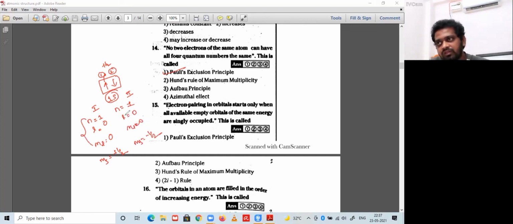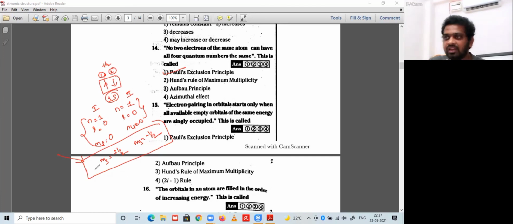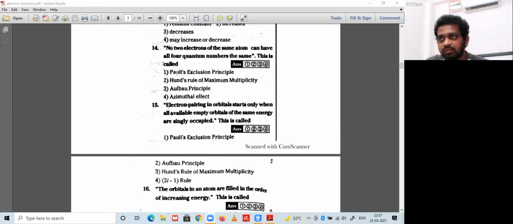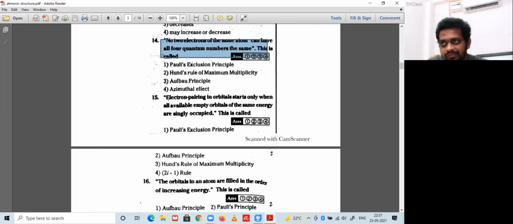So even though the first three quantum numbers are the same, the fourth quantum number will be different. That's why the scientists Uhlenbeck and Goudsmit introduced the spin quantum number to differentiate all the four quantum numbers. So as per Pauli's exclusion principle, no two electrons will have all four quantum numbers the same.